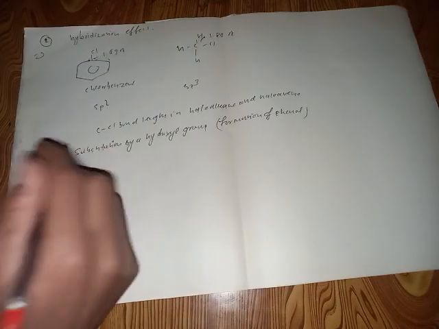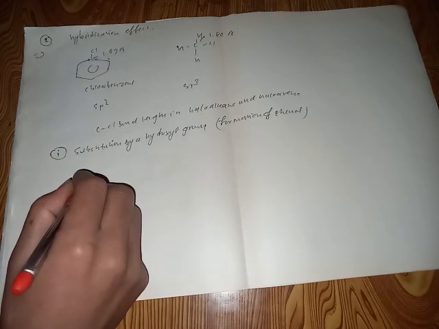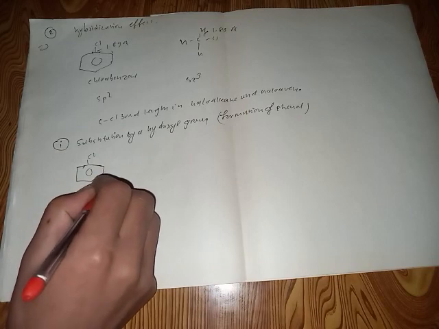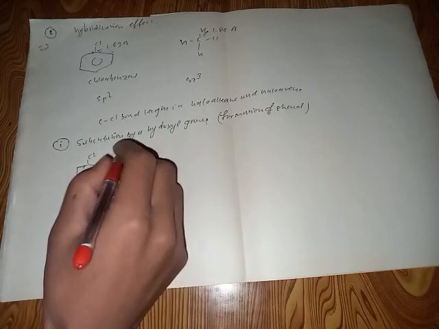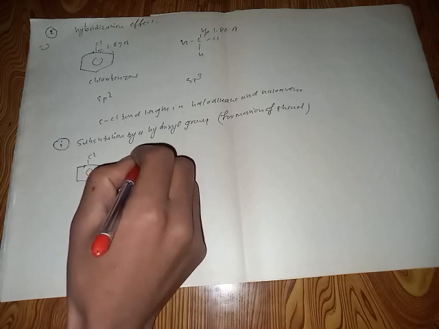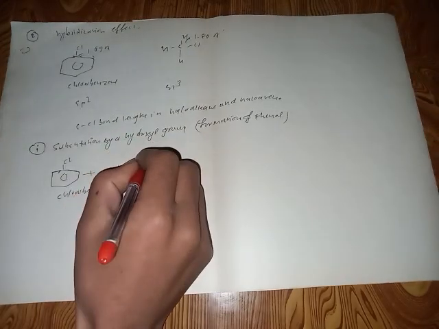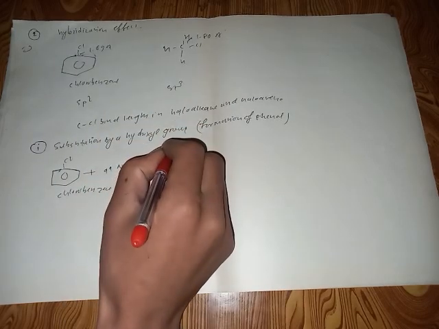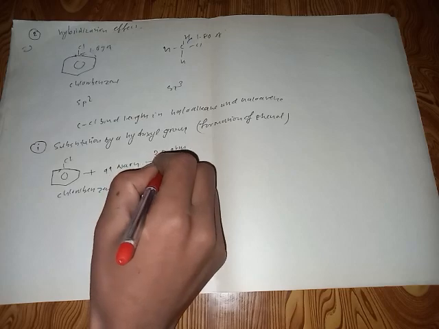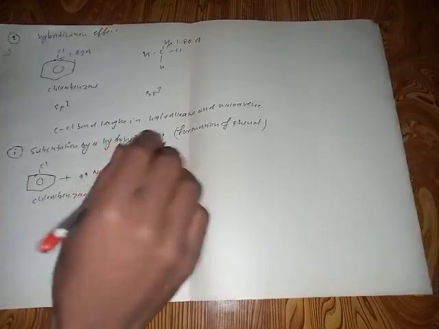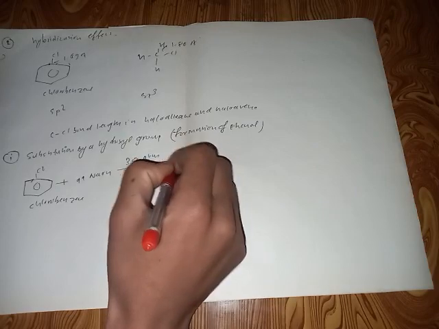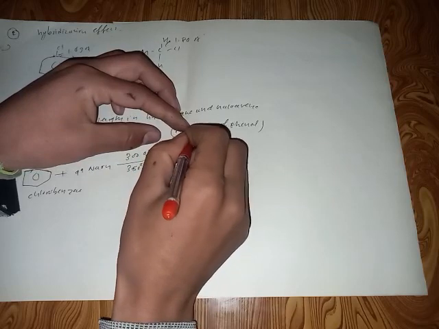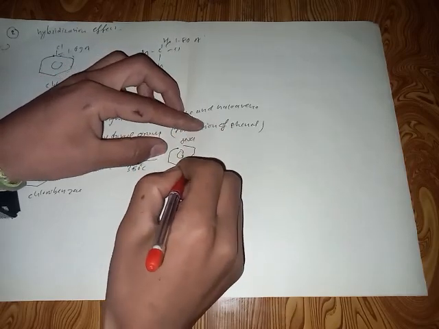At first, this compound is chlorobenzene, and it reacts with aqueous sodium hydroxide under drastic conditions, 300 atm pressure and 350 degrees Celsius temperature, to give sodium phenoxide.